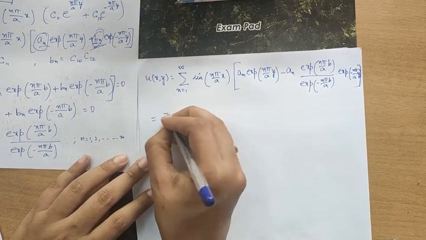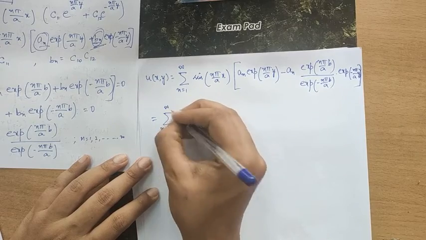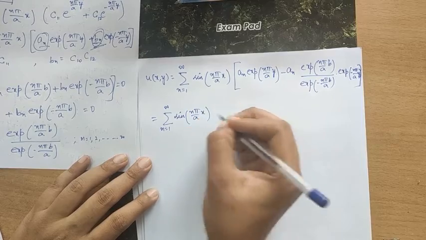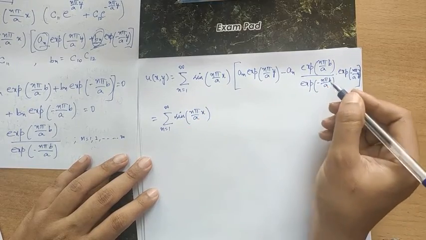So how you can simplify? Summation n is equal to 1 to infinity sin n pi by a into x. I will take this as LCM.